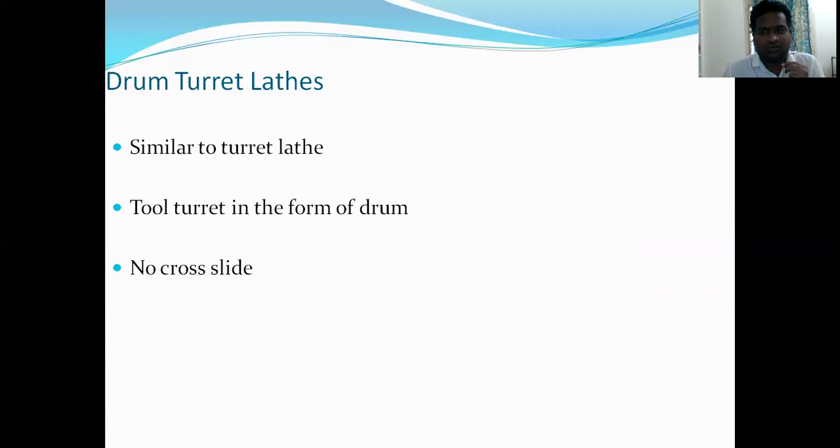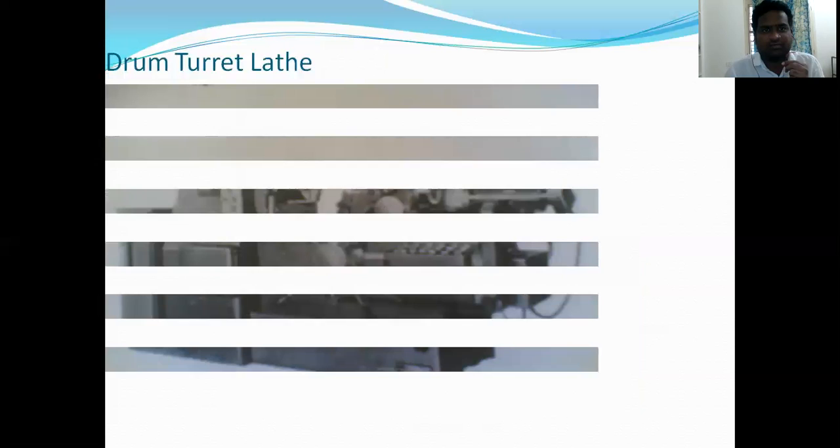There is no use of cross slide. But it is similar to a turret lathe. The tool turret is in the form of a drum. Tools are mounted on the drum-like structure. So that's why it is called a drum turret lathe.